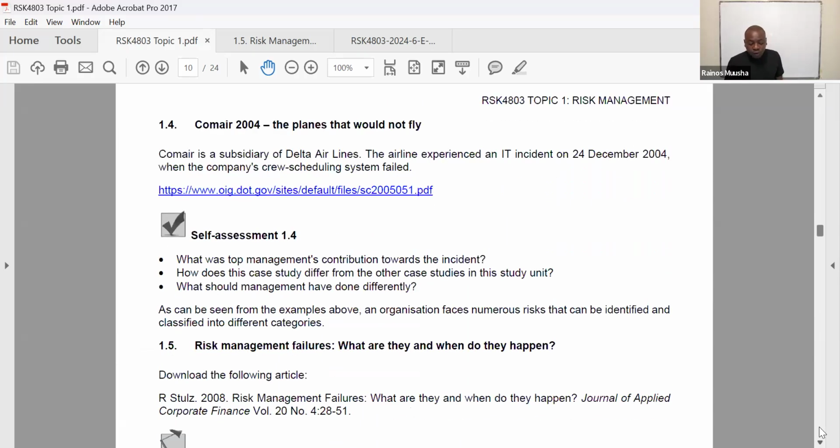Unit 1.4 looks at the Comair case study in 2004, the planes that would not fly. So in the US, they usually have snow, and sometimes when there's too much snow, it means that they are not able to de-ice the runway.